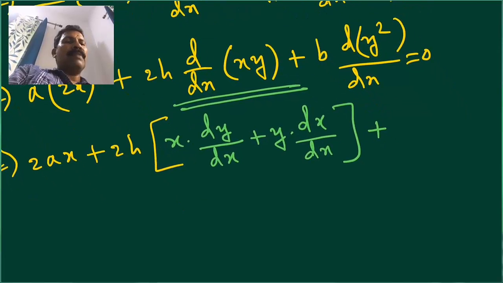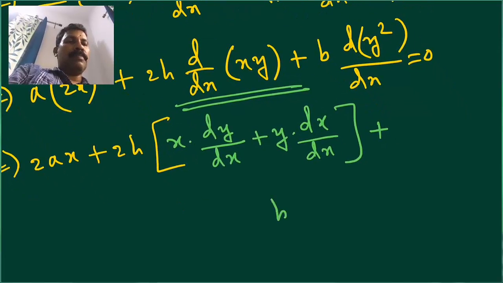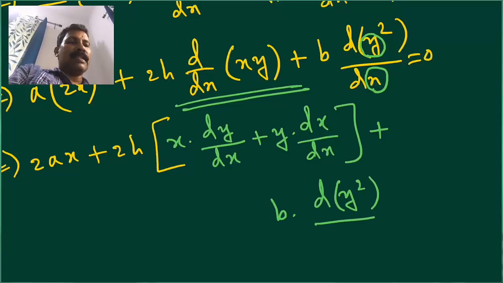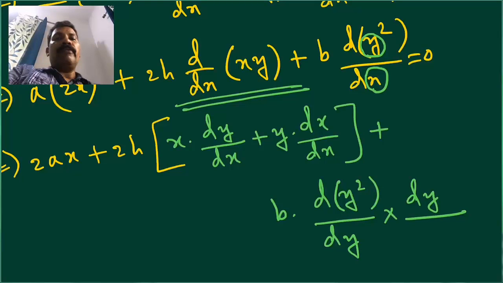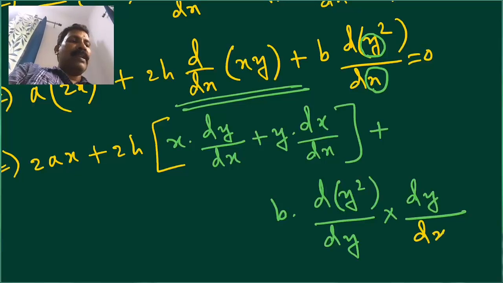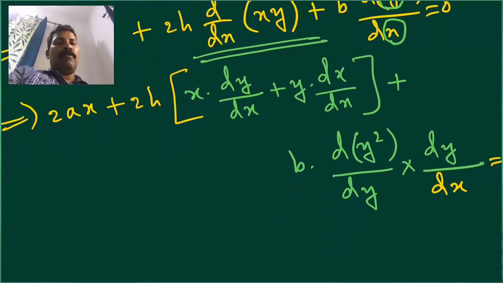Plus, here b into, there is a variable mismatching problem because here it is y with respect to x only, so we have to change it: derivative of y square with respect to y, then to compensate dy, then we have to write the variable with respect to which, that is x only, so that is equal to 0. Then what happened?